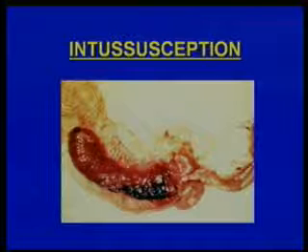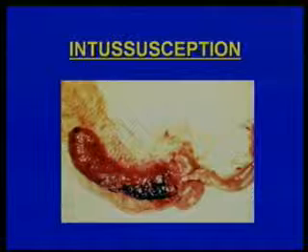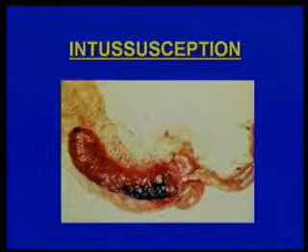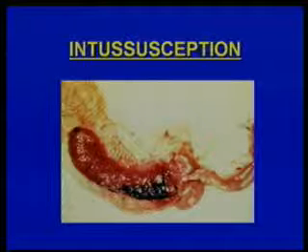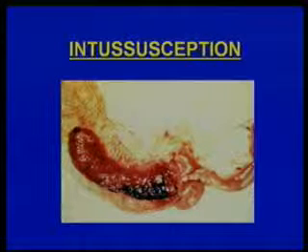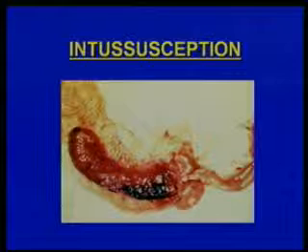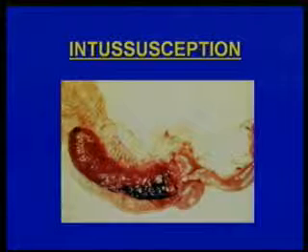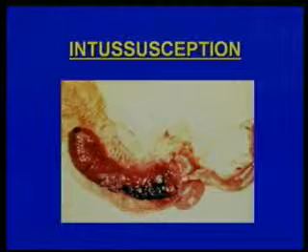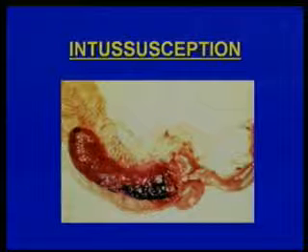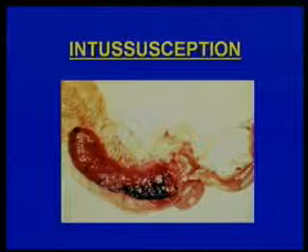So at this point, the vasculature here gets constricted. And so the blood supply to this part is cut off, and this part gets hemorrhagic, gets sloughed off. Of course, you have obstruction here, and you have intense inflammation. So this is the process of intussusception that is well associated with adenovirus. Now, it is not to say that adenovirus causes all cases of intussusception, but it's important to note this relationship.